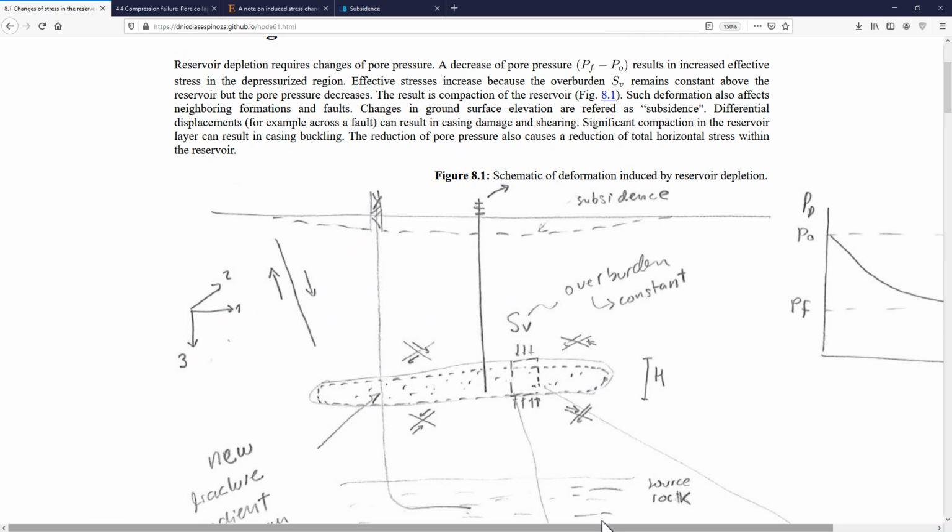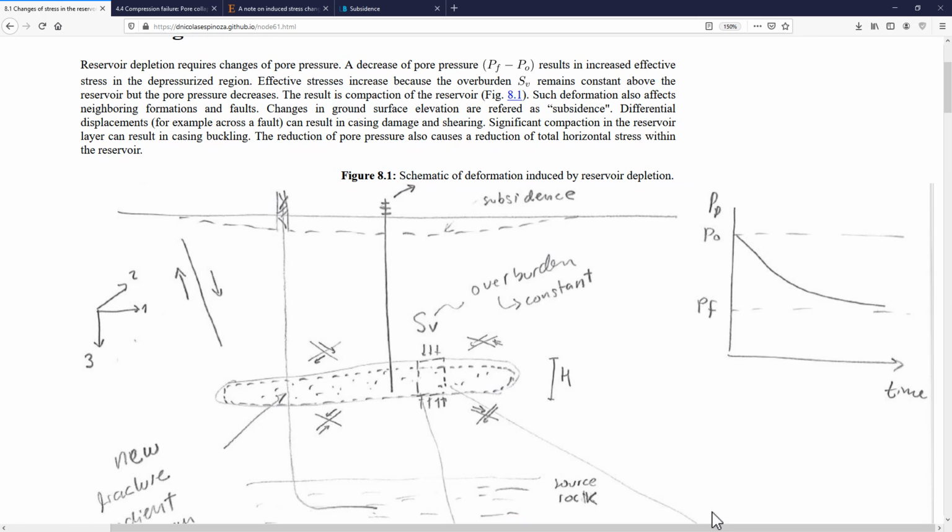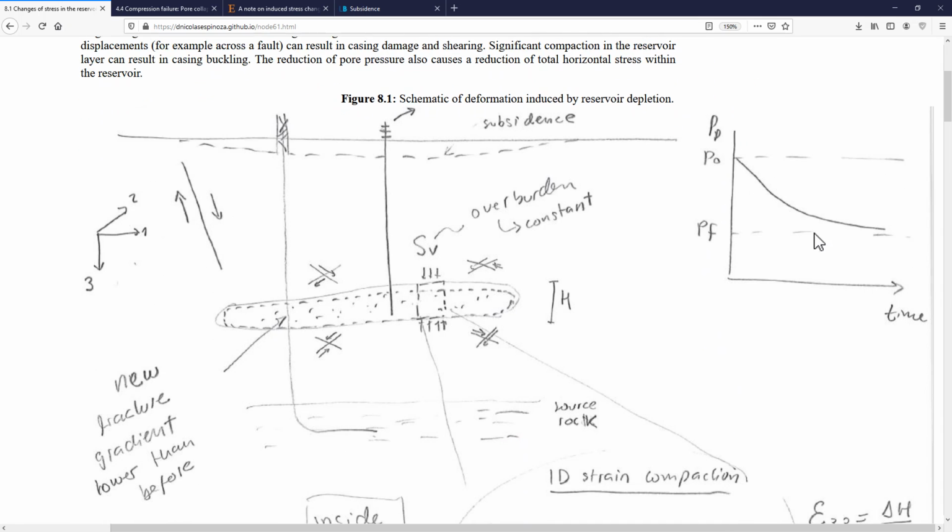Whenever we change the pressure in a formation, most often due to depletion, we can also cause changes of stresses within the reservoir itself, here within a schematic of this dotted ellipse, and also outside the reservoir.